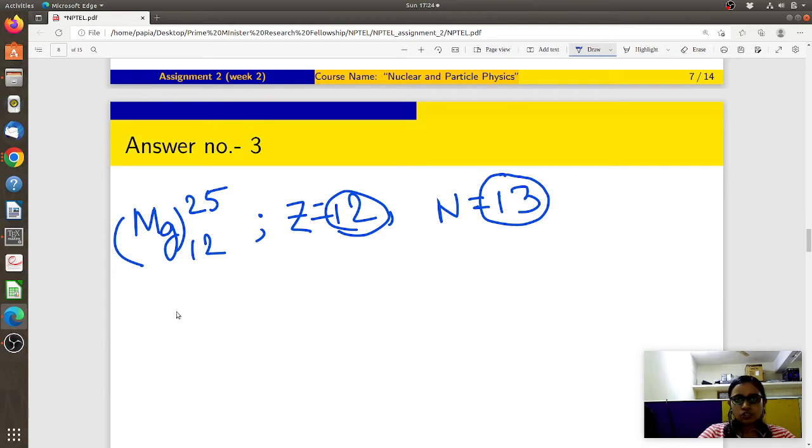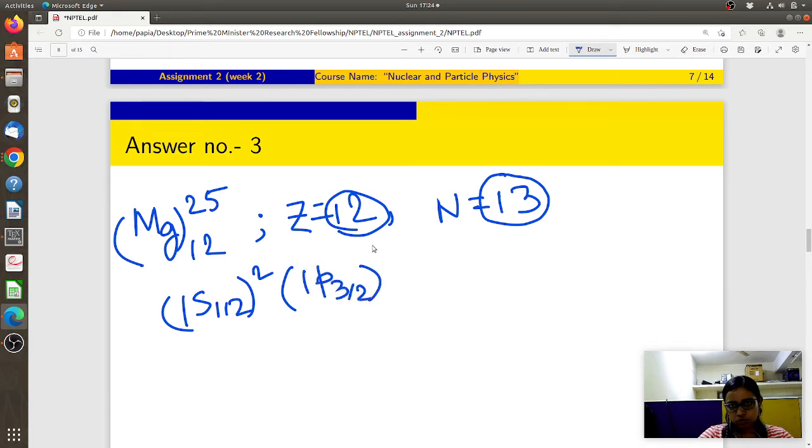So let's start with the N equals 13 orbital configuration from the shell model: 1s1/2 2, 1p3/2 4, 1p1/2 2.